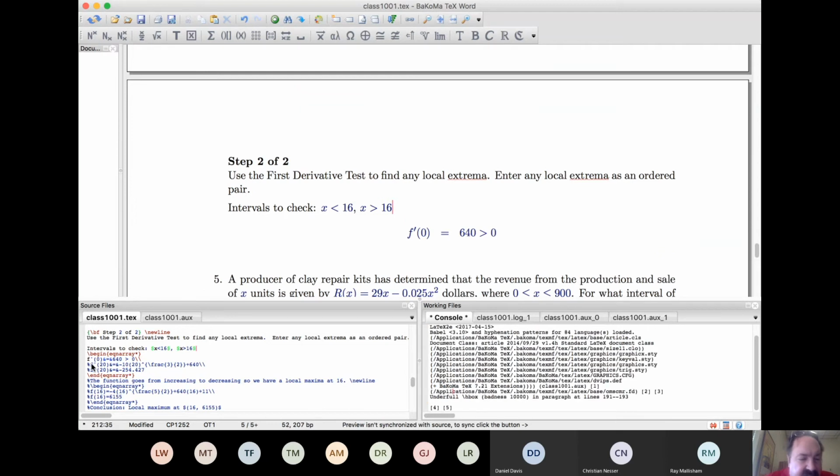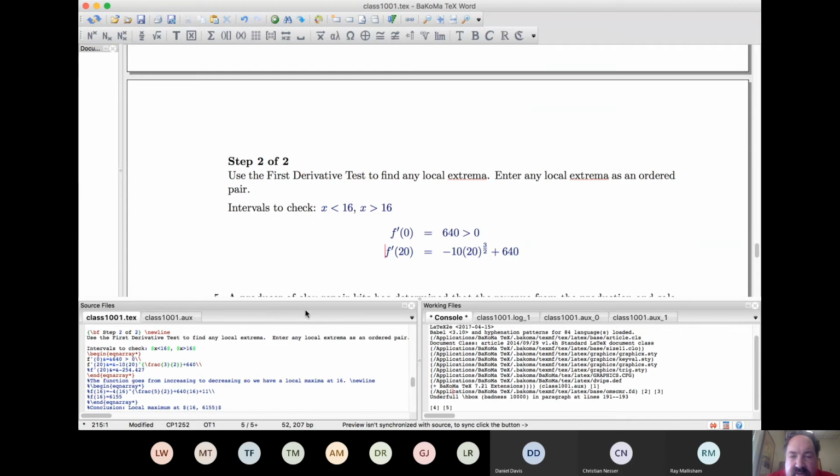Okay. So now to pick something greater than 16, you could just use 20. So we substitute this in here, and for that you'd have to use your calculator, and you get this negative value.